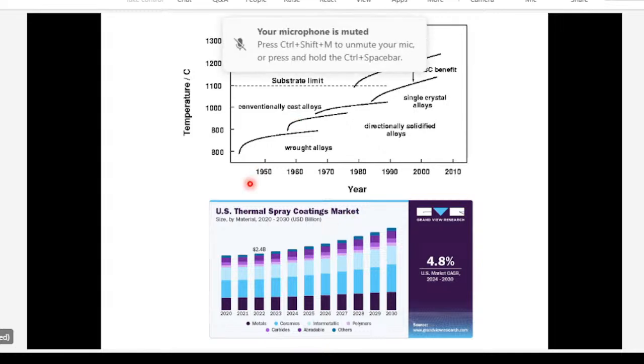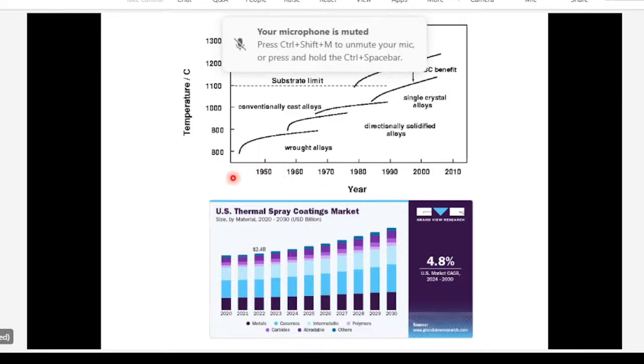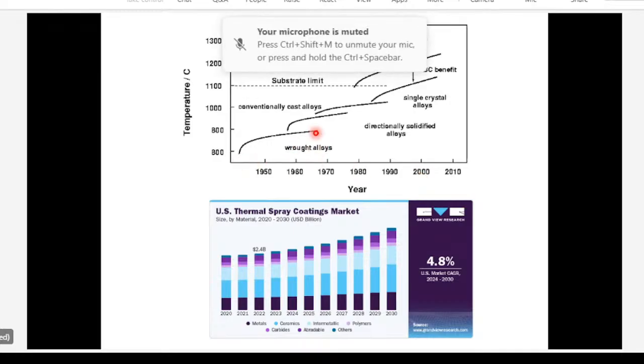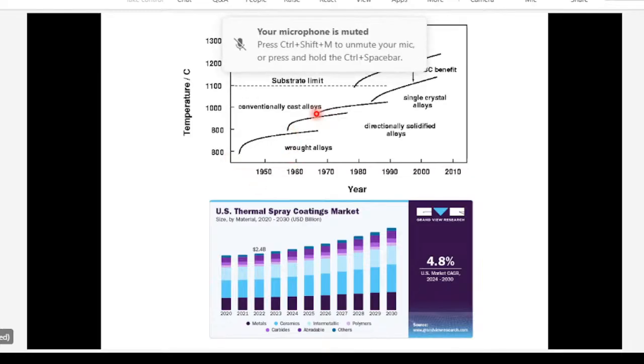So here you're looking at the efficiency or operating temperatures of gas turbine engines and their historical development with years. So in the 1950s and 60s, mostly wrought alloys were used. Later, we had conventionally cast alloys. After that, we had directionally solidified alloys, single crystal alloys.